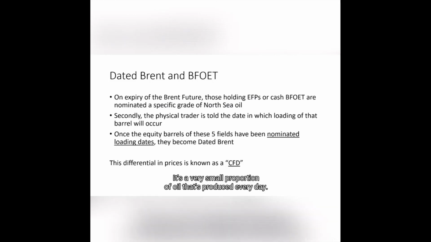It's a very small proportion of oil that's produced every day. Because of that, you can get large discrepancies between how speculators think the market should be performing versus where these 5 particular fields actually end up pricing.